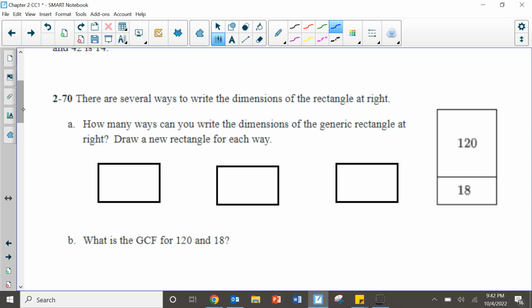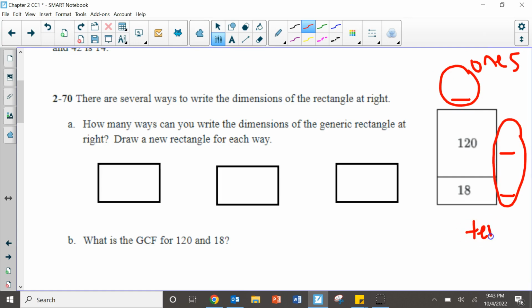One thing I want you to recognize is that this side of our rectangle is only broken up one way, and we can see here it is 2. So that means this is going to be a 1's number, and this is going to have to be something in the 10's. That'll make more sense in a minute.